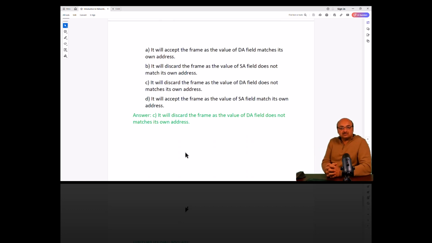The next things are the source address, the destination address, and the data field. As I mentioned during this explanation, DA can also be DMAC, and SA can also be thought of as SMAC. And of course, if you receive a frame, you check the destination address field, and if it matches, good, you accept it. If it does not match, you drop or reject it.